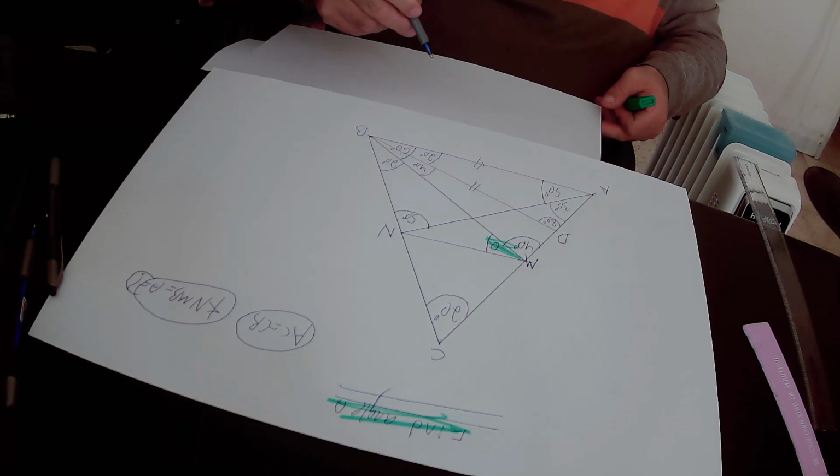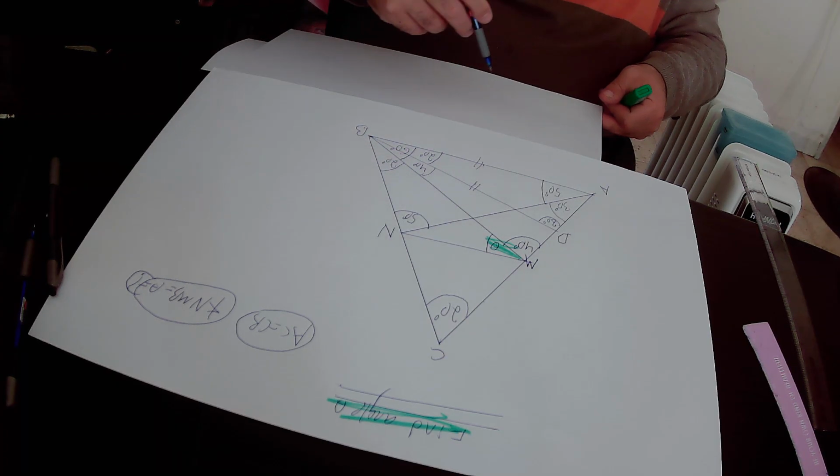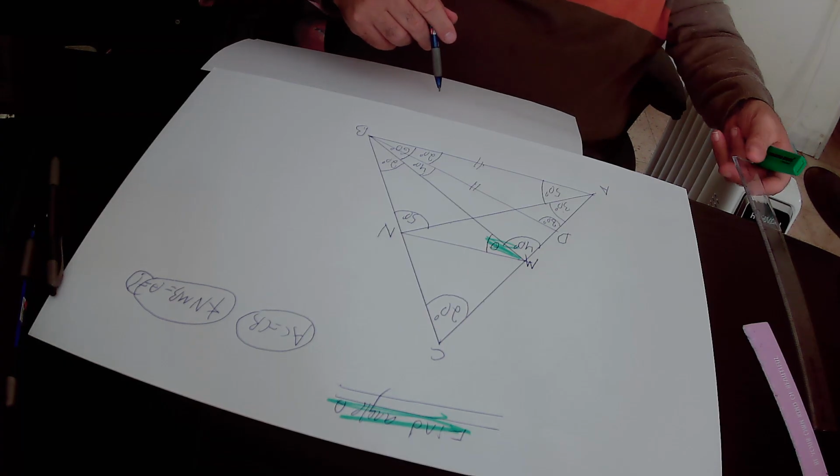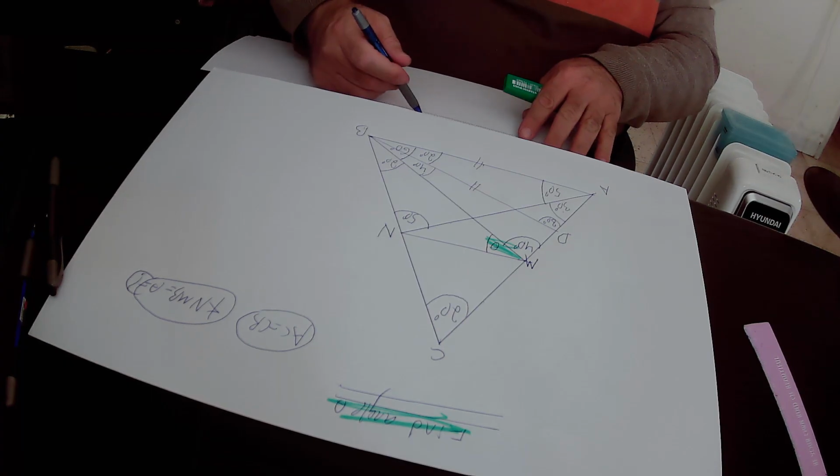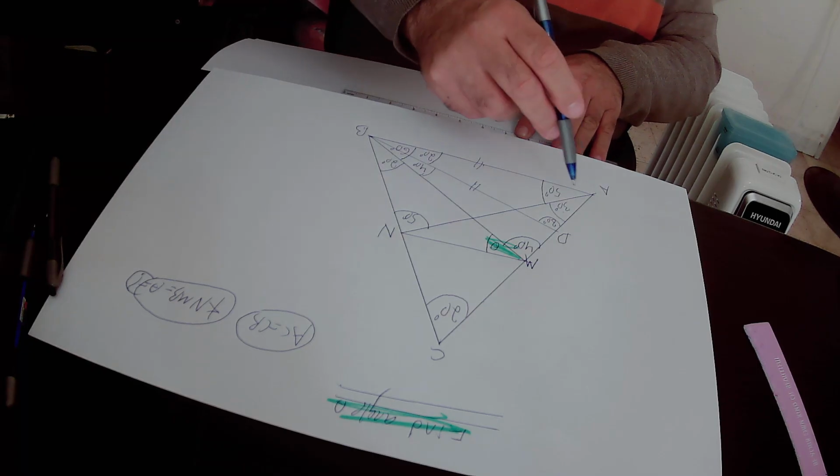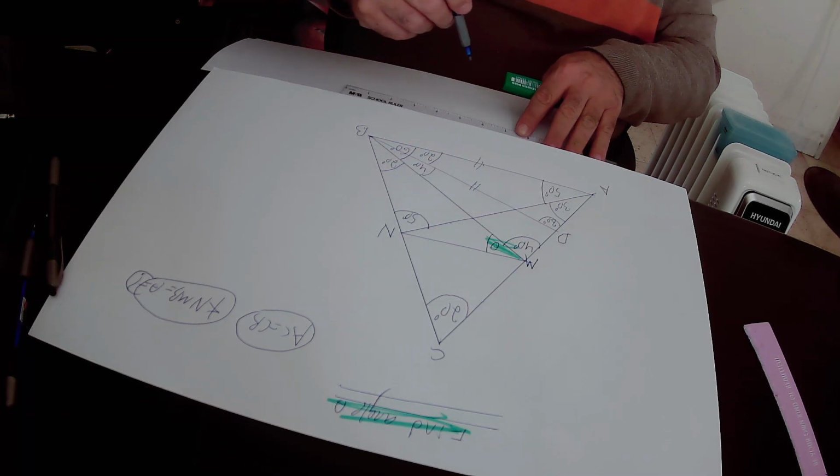In the next step, we'll focus on triangle DMB. So I copy triangle DMB in a new page and we analyze this triangle DMB.